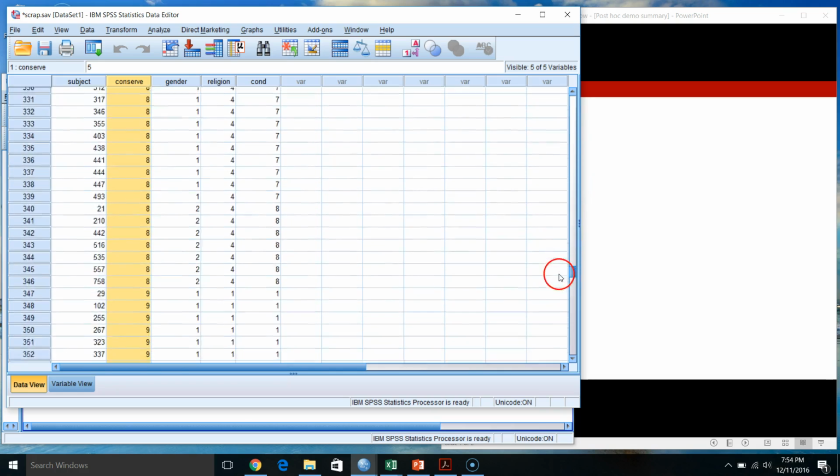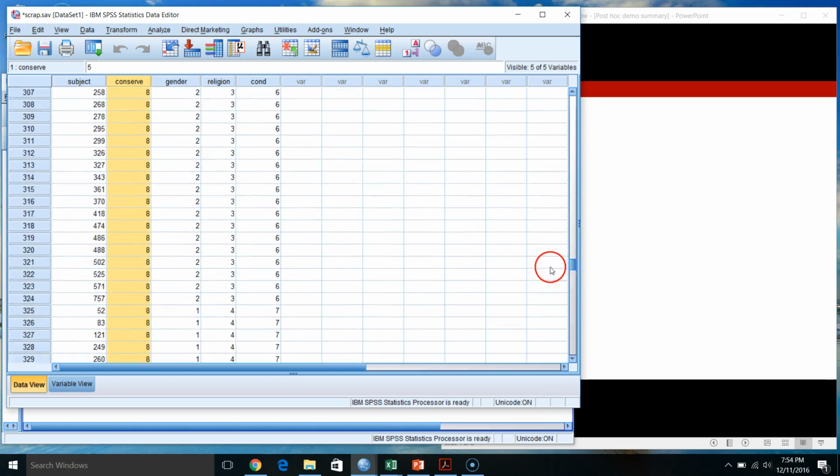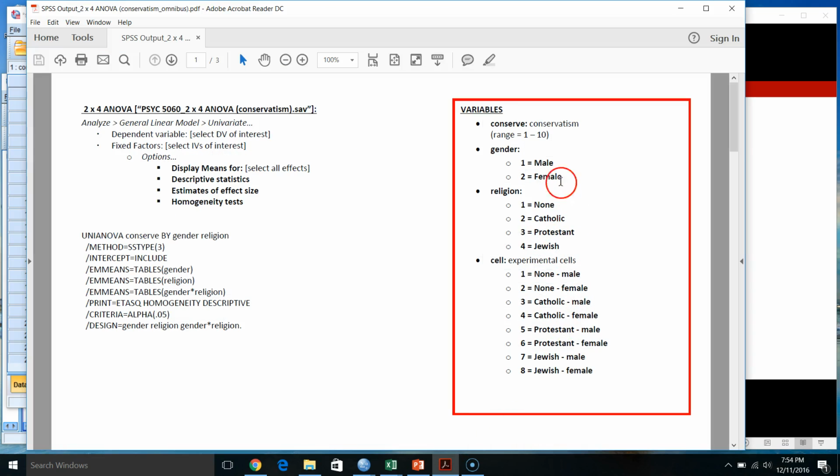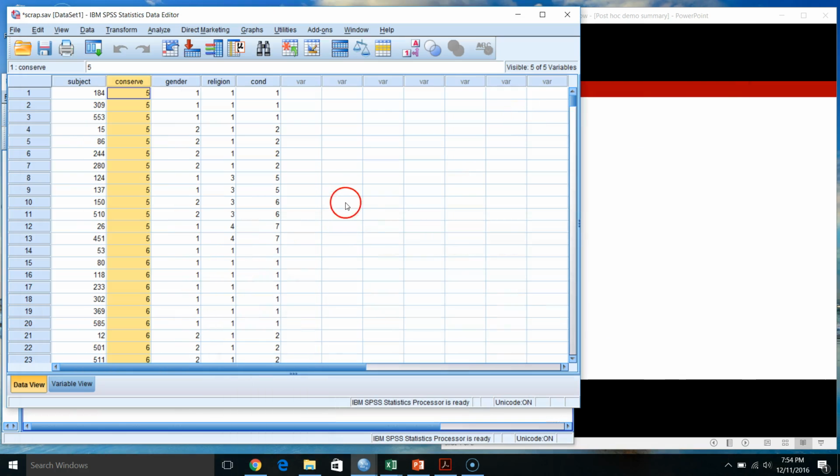It looks like they range from 5 to 10. All of those values are within range. Conservative ratings, real values 1 to 10, so we're good there. Looks like our gender was good, our religion is good, and so plausibility in terms of our screening looks pretty good, at least based on what we've got here.